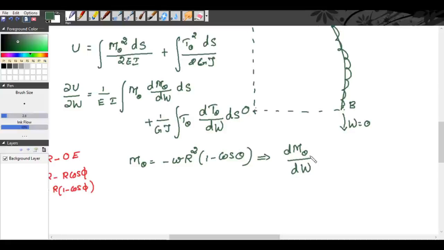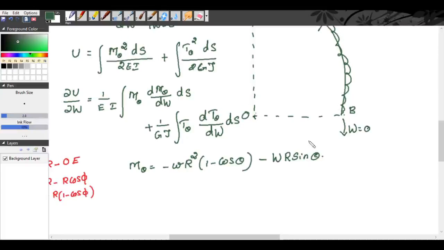This moment is only for the UDL, right? Now we have assumed another concentrated load of W. So the moment due to this load is minus W into R sin theta.